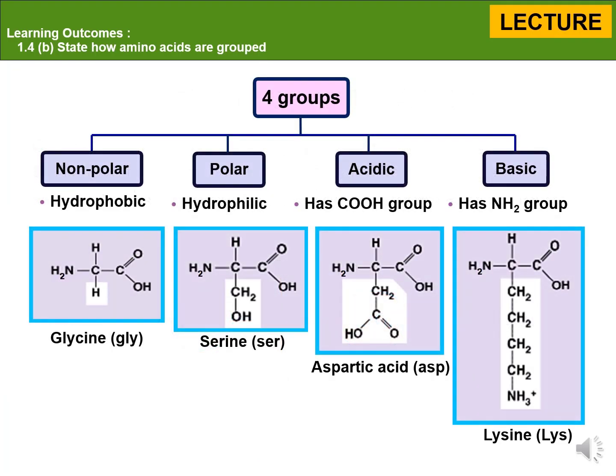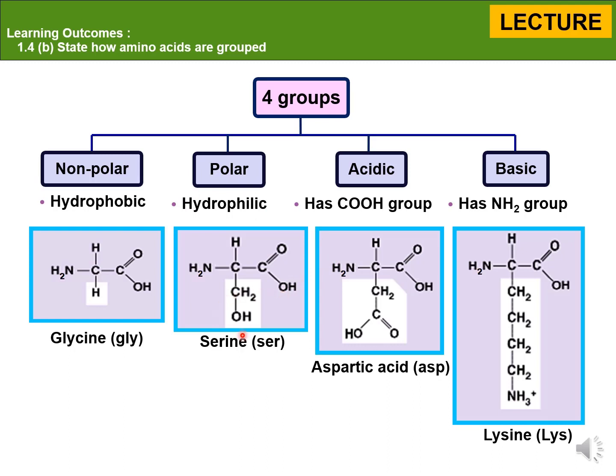There are 4 groups of amino acids: nonpolar, polar, acidic, and basic. Nonpolar amino acids are hydrophobic, or not soluble in water. The R group or side chain usually consists of hydrogen and carbon atoms. Example, glycine. Polar groups are hydrophilic. They can dissolve in water.